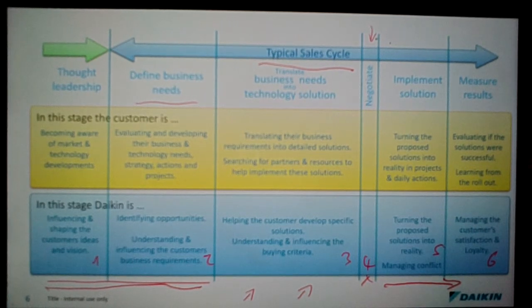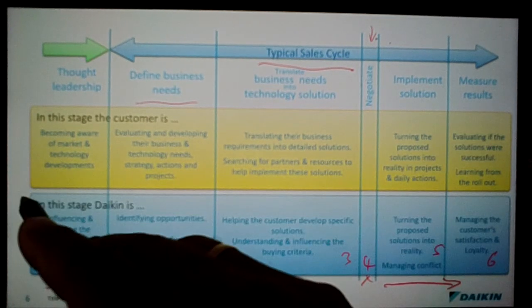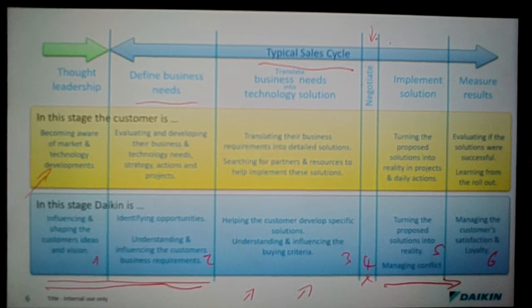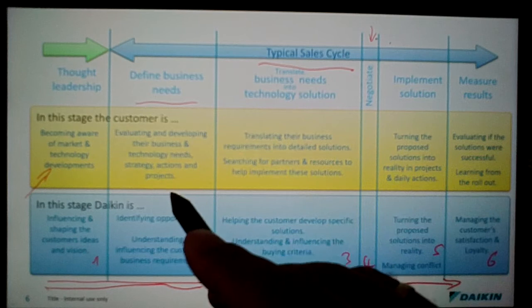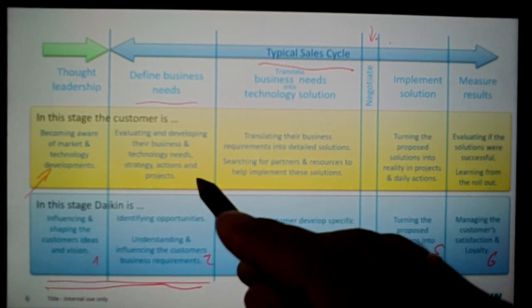But when I say the sales process is a little bit artificial, what I mean is that the customer's buying stages are definitely not artificial. The customer always goes through a sequence of steps in terms of buying something into their organizations, and this is one of the major values that a sales process has. By understanding where the customer is, we can understand what we should be doing in order to align with them.